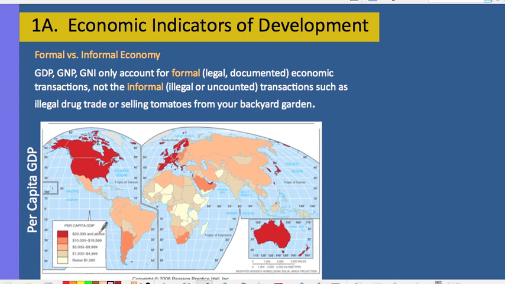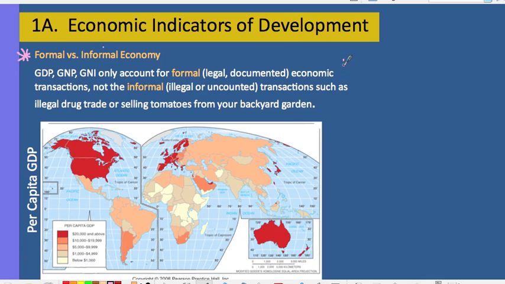Now here's another bit of information I want you to understand. You might see this formal economy or informal economy. The formal economy is what is documented, what is legal, what is on the books, what's documented by the government and the IRS, and what you have to pay taxes on.